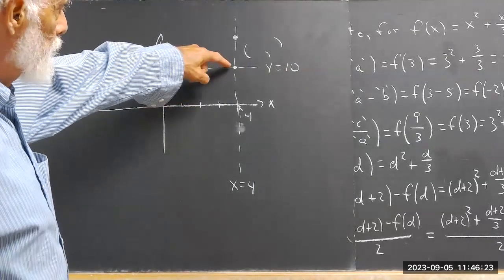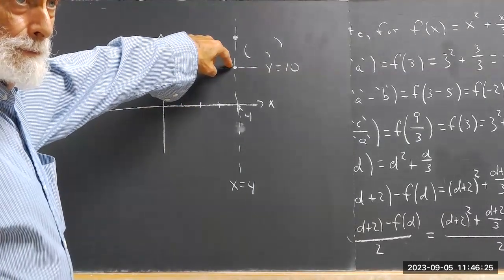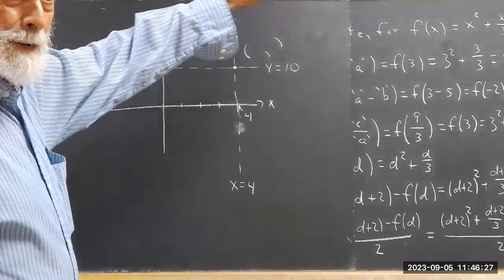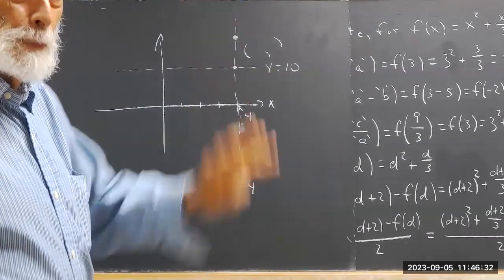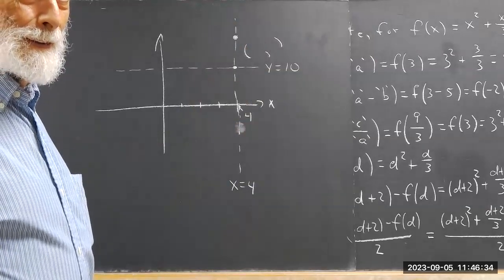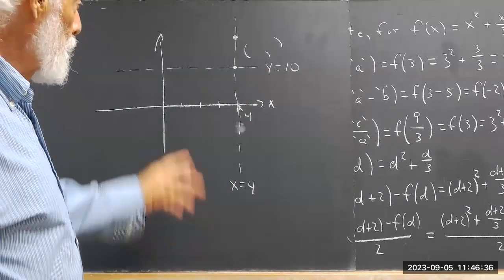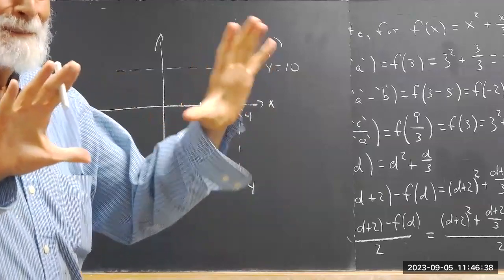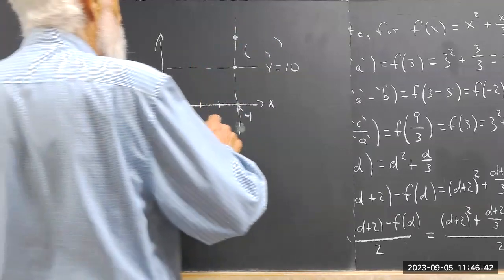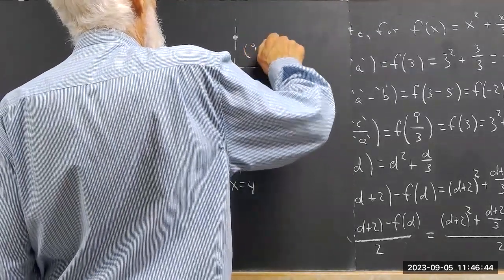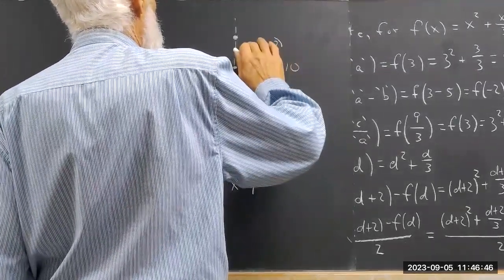What's the x coordinate of this point? Yeah, 4. What's the y coordinate? If I had put 11 down there, you wouldn't have been able to tell me. There's 10, so this is the point (4, 10).